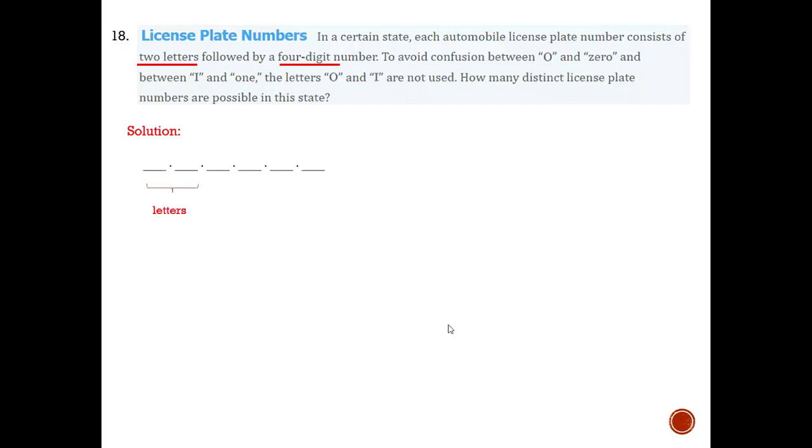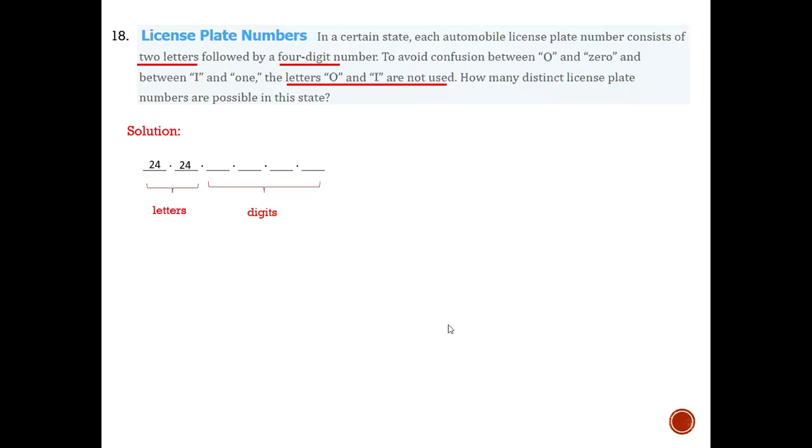So in the first one, we have 2 letters followed by a 4-digit number. So we have 2 letters that we're going to pick from, and then we have 4 numbers that we can pick from, okay, digits, 0 through 10, okay? It says the letters O and I are not used, so out of the 26 letters of the alphabet, we can't use those 2. So we only have 24 letters to pick from.